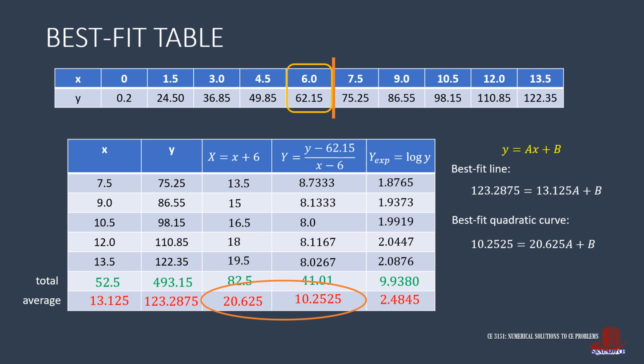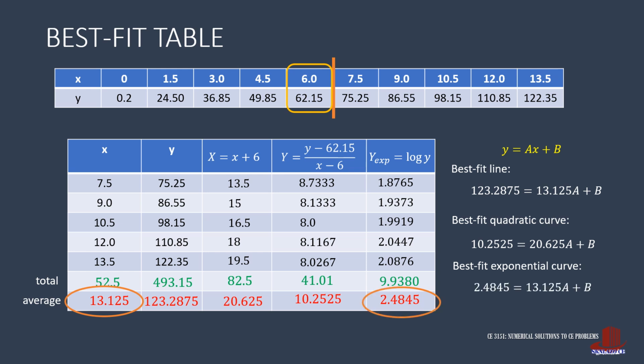So the function is 10.2525 as equated to 20.625a plus b. The best fit exponential curve uses x and exponential y. So the function is 2.4845 as equal to 13.125a plus b.